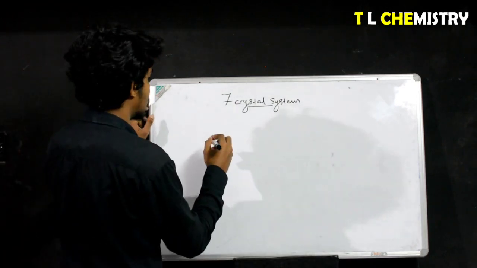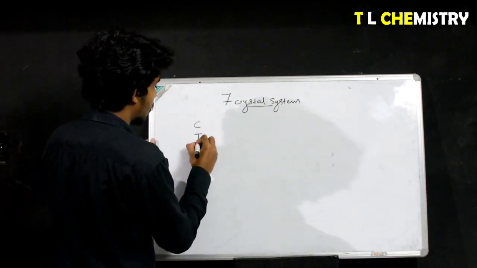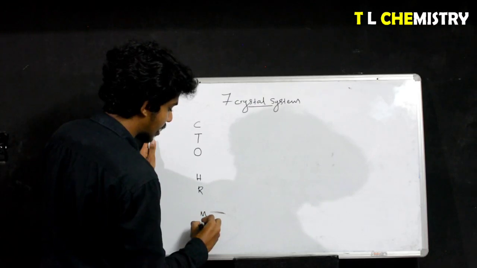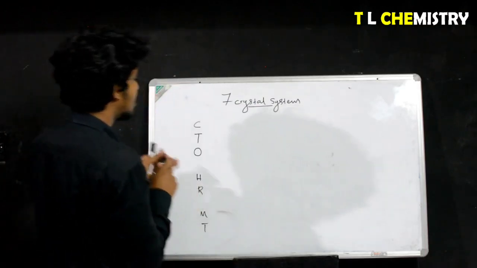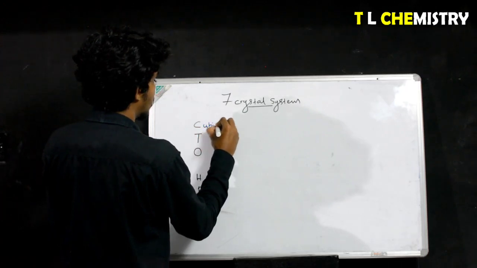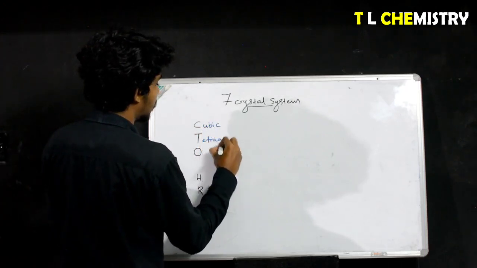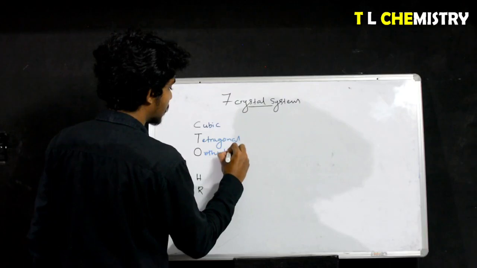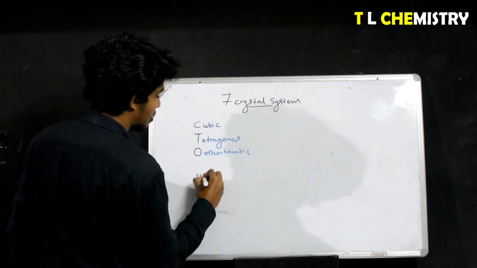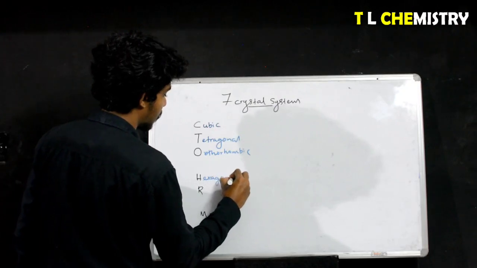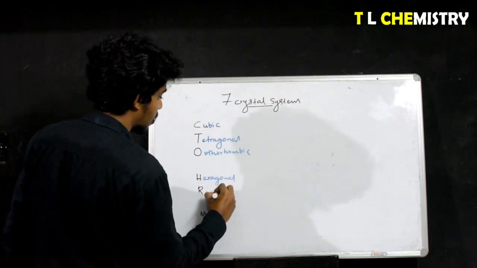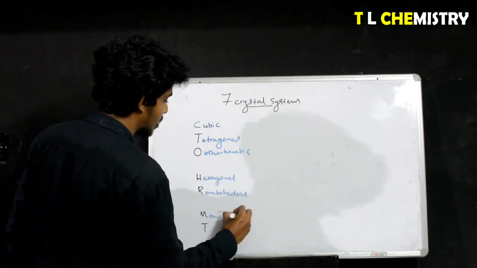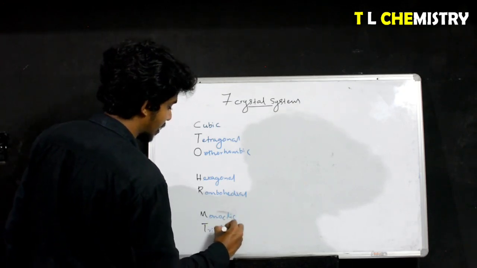The 7 crystal systems are C, T, O, H, R, M, T. C stands for cubic, T for tetragonal, O orthorhombic, H hexagonal, R rhombohedral, M monoclinic, and T for triclinic.